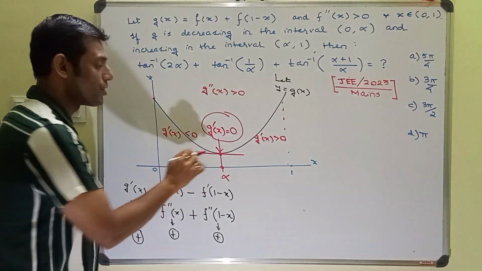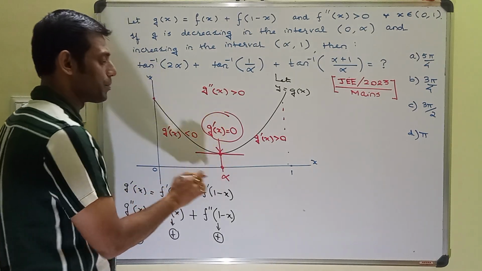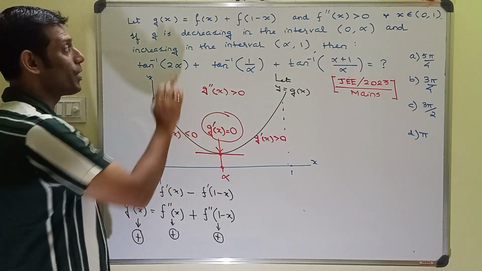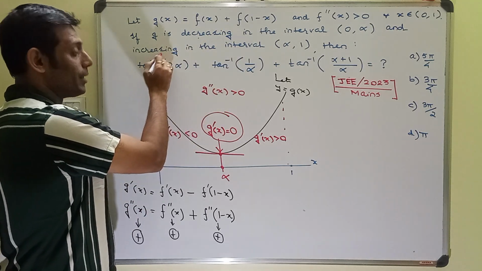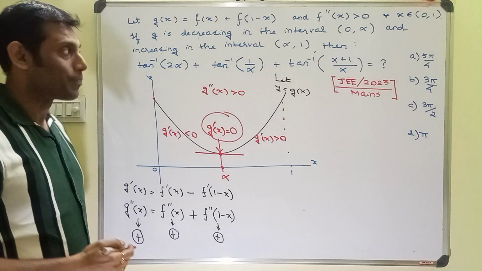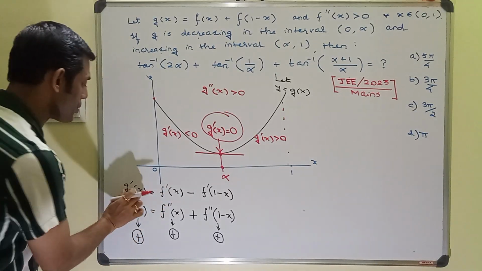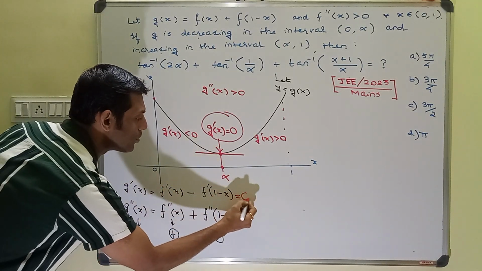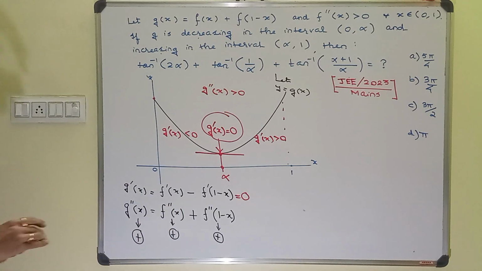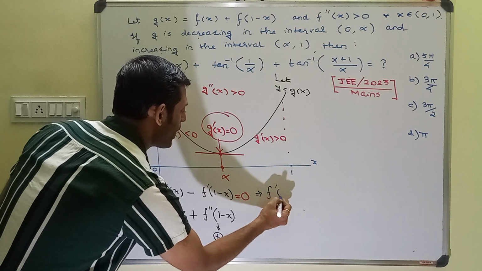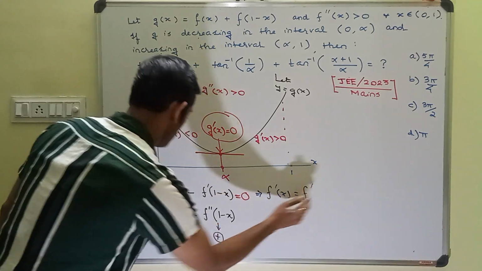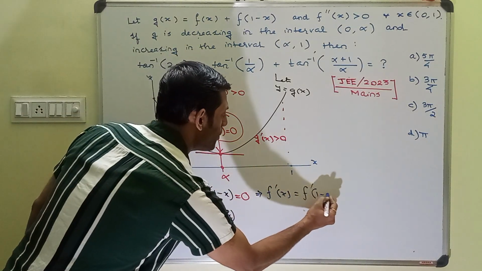Now if g dash is equal to 0 here, and alpha is the position where it swings from decreasing nature to increasing nature, then where exactly is alpha? Alpha is going to be a position where the g dash value is 0. Now that means, fairly simple, f dash of x is going to be equal to f dash of 1 minus x.